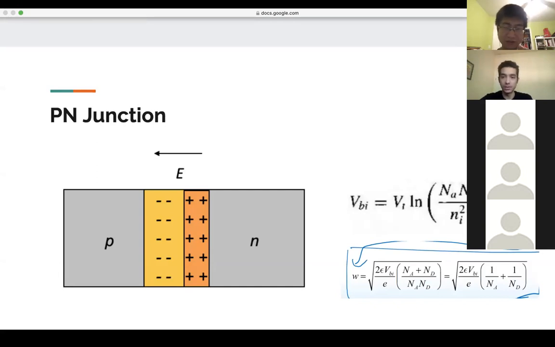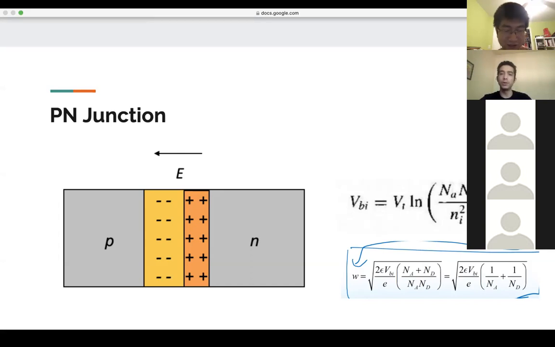So the P side has a P doping with acceptors, and the N side has N doping. You can sometimes have one-sided junctions where one has a heavier doping, and then the depletion width will be different. With heavier doping, you actually get a smaller depletion width. So on the N side, in this picture, the N side has heavier doping.